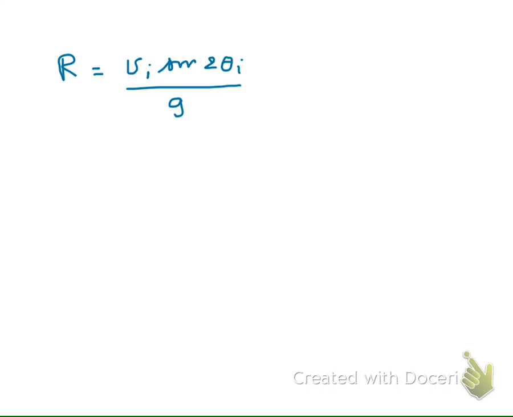This is quite simple, since when R is R max, this term has the maximum value too, but we fix the magnitude of the initial velocity, and g is of course a constant.